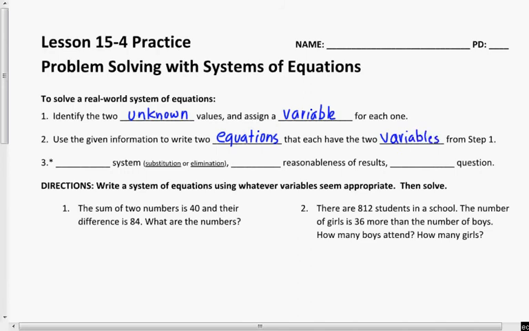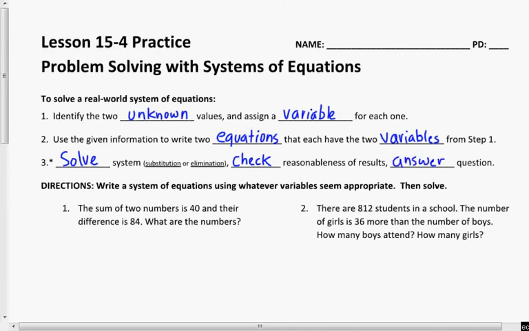A lot of times, each sentence will translate into its own equation. Sometimes one sentence will have two equations in it. It just depends. And then last, of course, we need to solve the system of equations that you wrote. So either use substitution or elimination. And then after you've solved, check to make sure the answers you got are reasonable and answer the question.